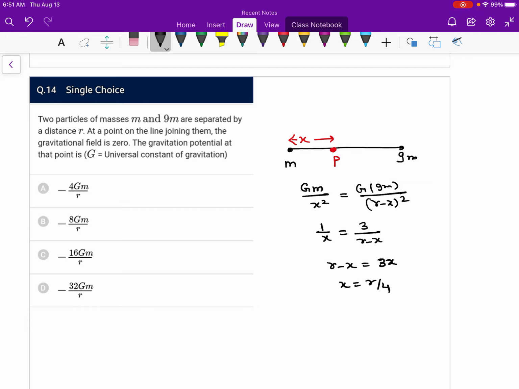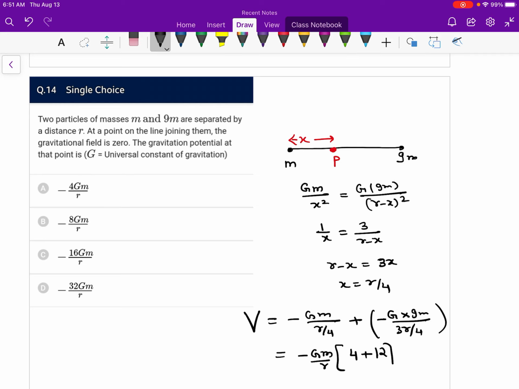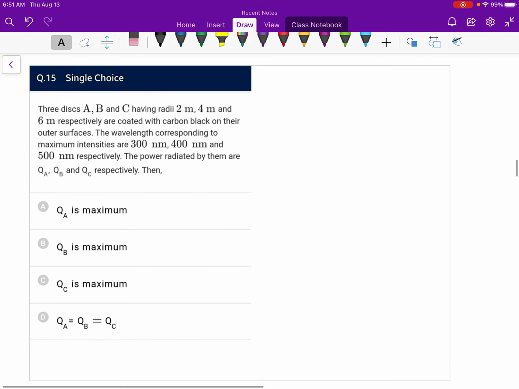So x is R by 4. Now gravitational potential is minus GM upon R by 4 plus minus G into 9M upon 3R by 4. So this is minus GM by R common. 4 plus 4 threes are 12. So minus 16 GM by R. C is the correct option.